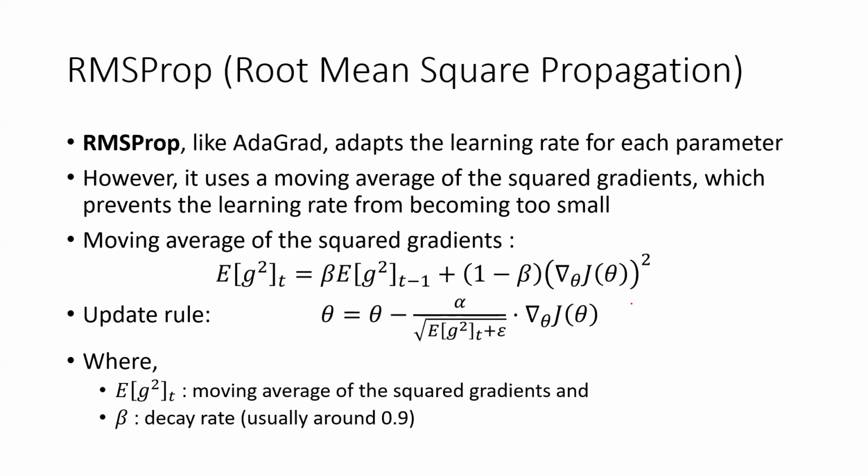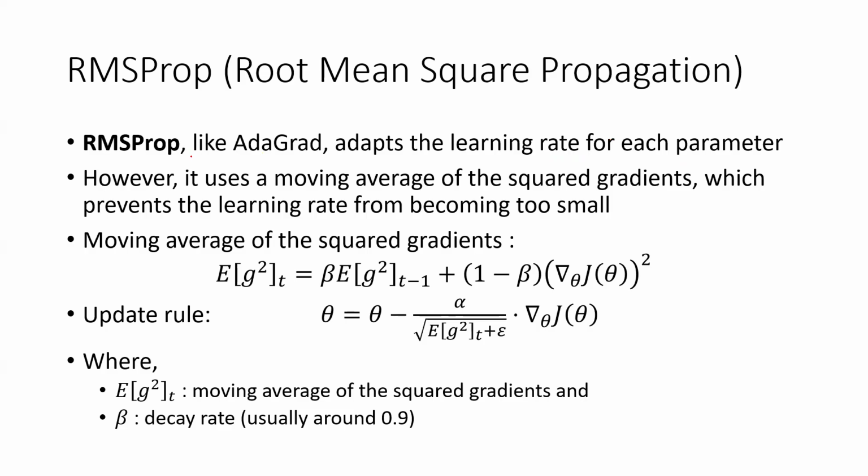Now, this is the RMSProp algorithm, or the root mean square propagation algorithm, right? This is also similar to AdaGrad, the previous adaptive gradient algorithm, which also has different adaptive learning rates for each of the parameters individually, right?